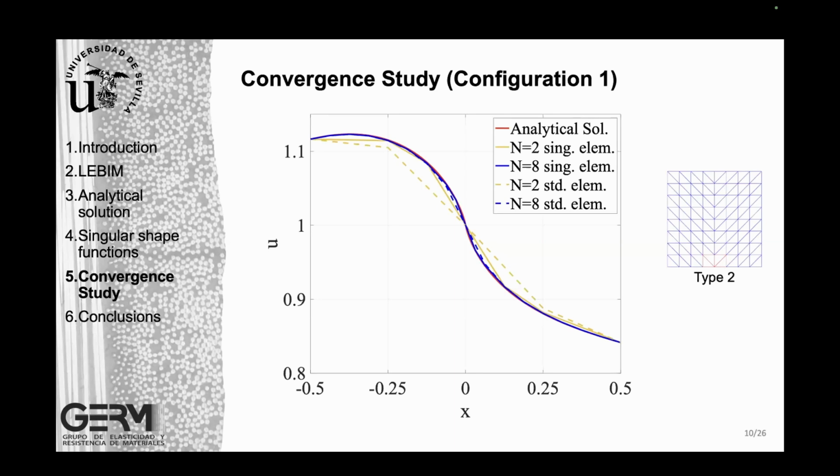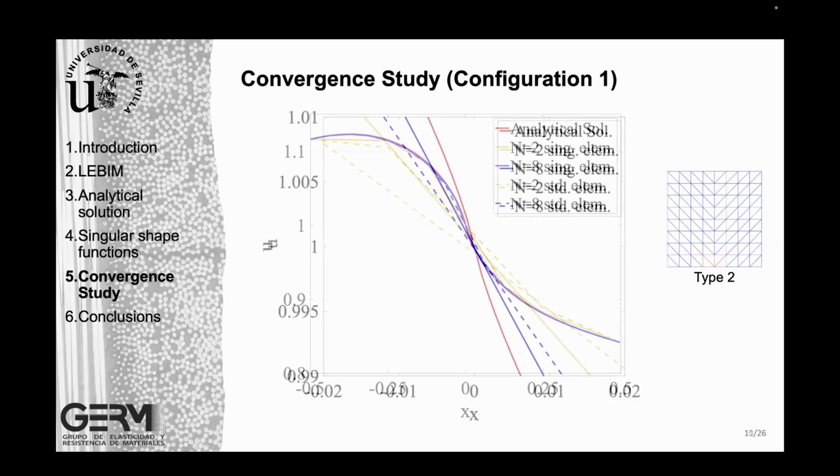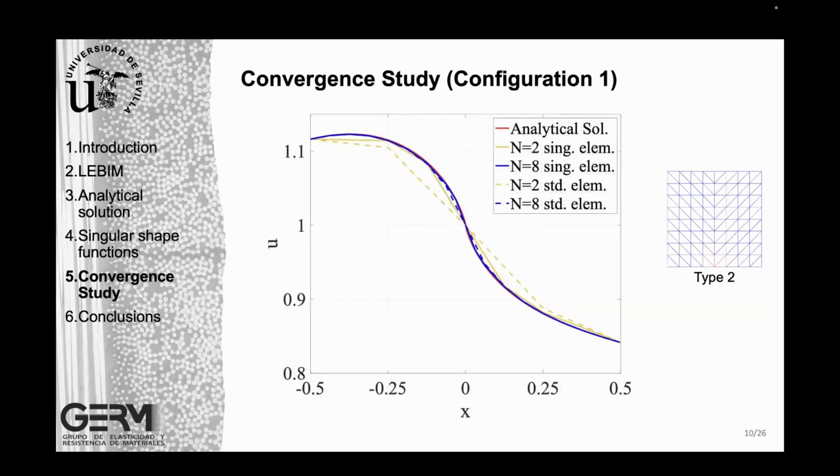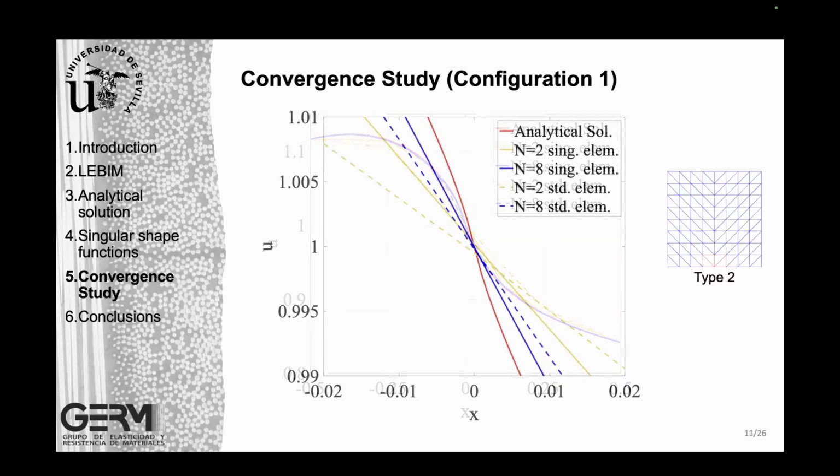If we go closer to this zone, although here it seems that we are perfectly matching everything, if we go closer, we may see that we are not yet on the analytical solution, but we are quite close, even with a very small number of elements. Another interesting thing is that the continuous lines are the ones obtained with the singular element we are proposing, and the dotted line is the one with the standard elements.